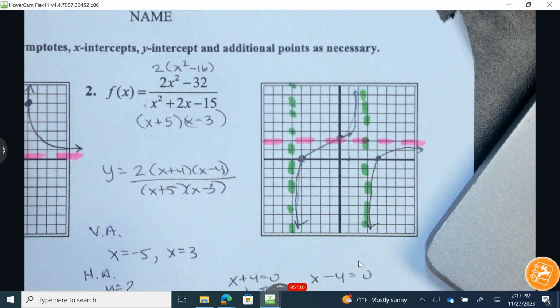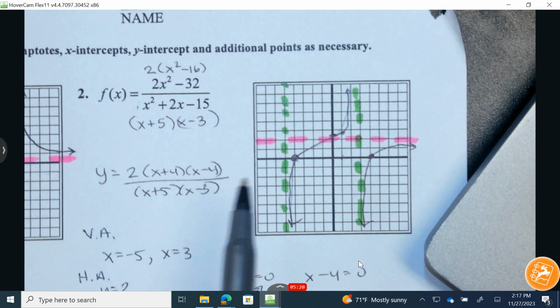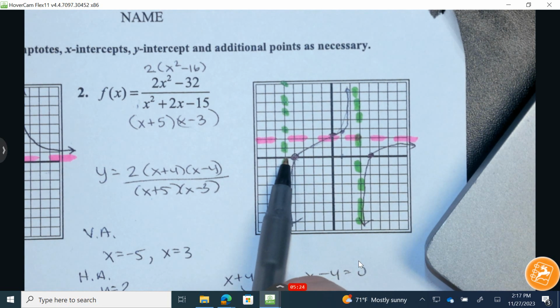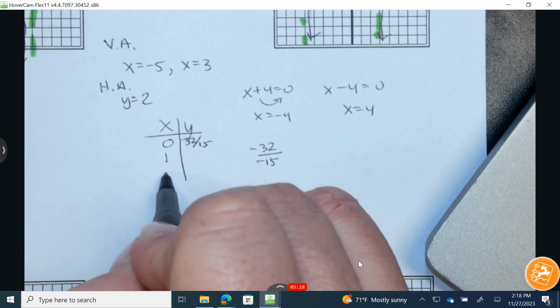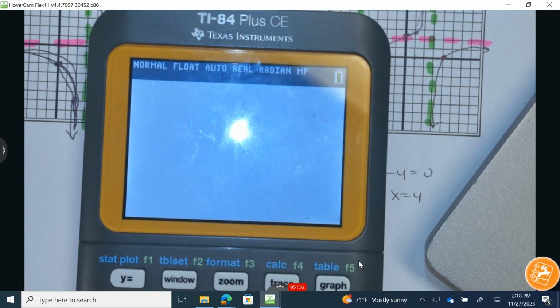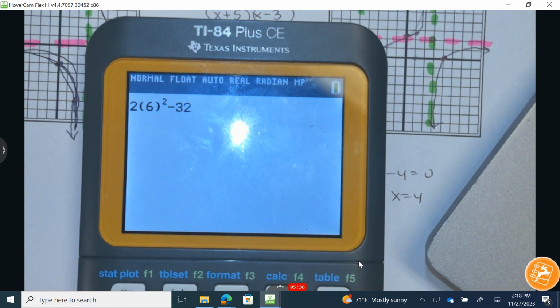Okay? And now this next region, how do I know if it's down below or up above? I just have to choose a point. So here's 1, 2, 3, 4, 5. I'm going to choose anything to the left of 5. Let's try 6. So I'm going to plug in 6. I have 2 times 6 squared minus 32. That's my numerator.